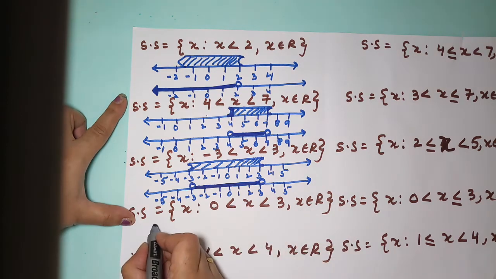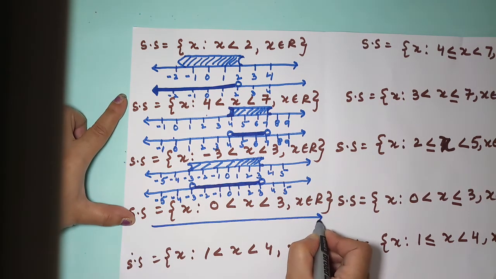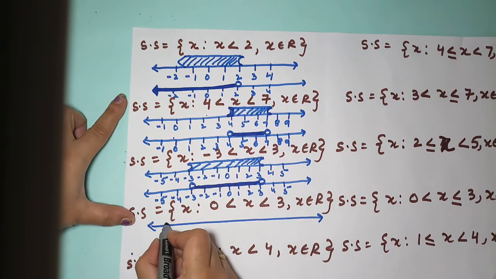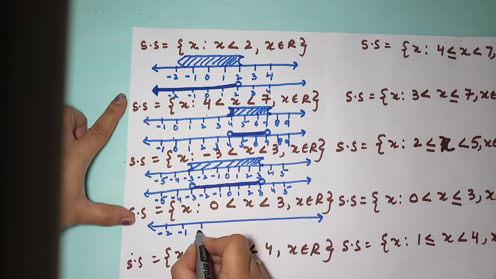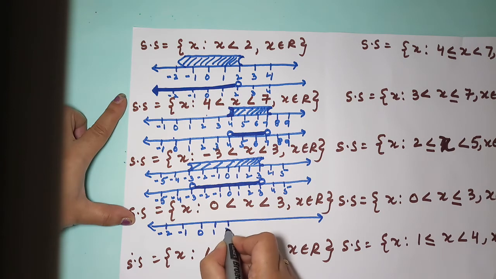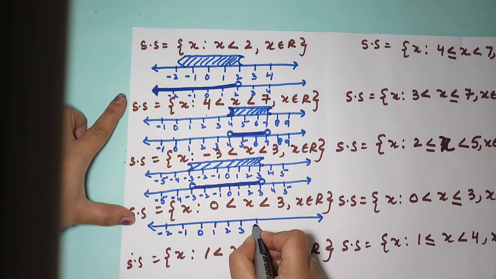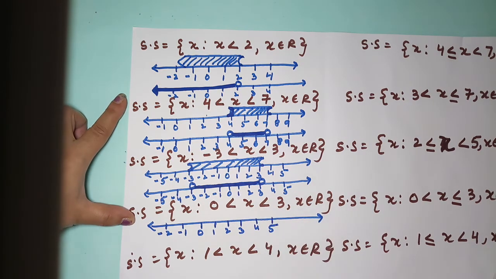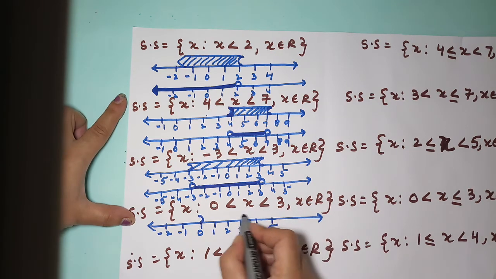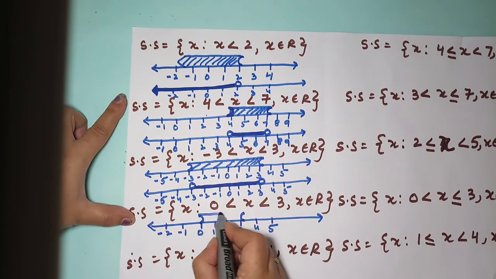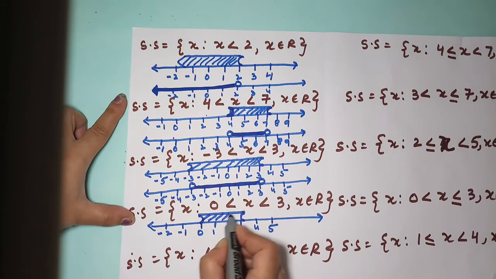So for this, draw a straight line: -2, -1, 0, 1, 2, 3, 4, 5. Now go to 0, no equality sign here, place an arc-like structure here. Go to 3, no equality sign here, arc like this, join this and then shade this portion.